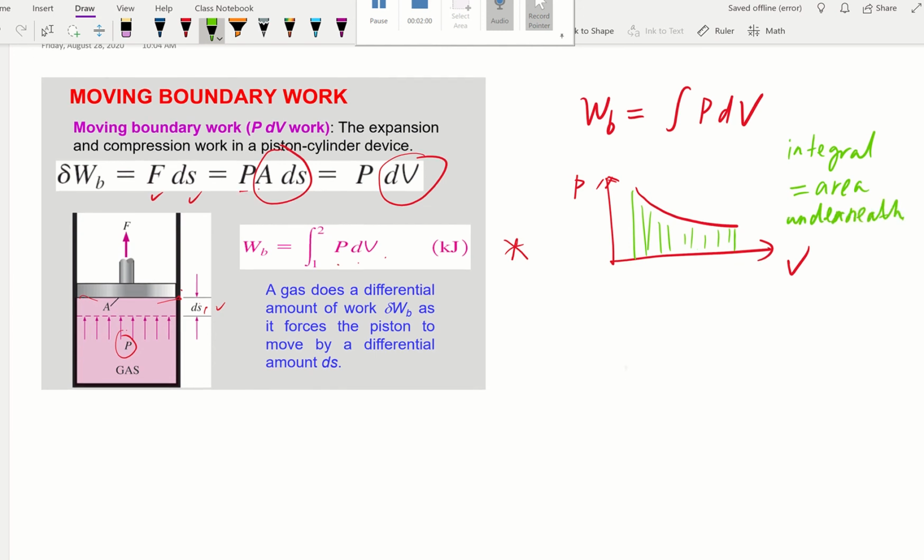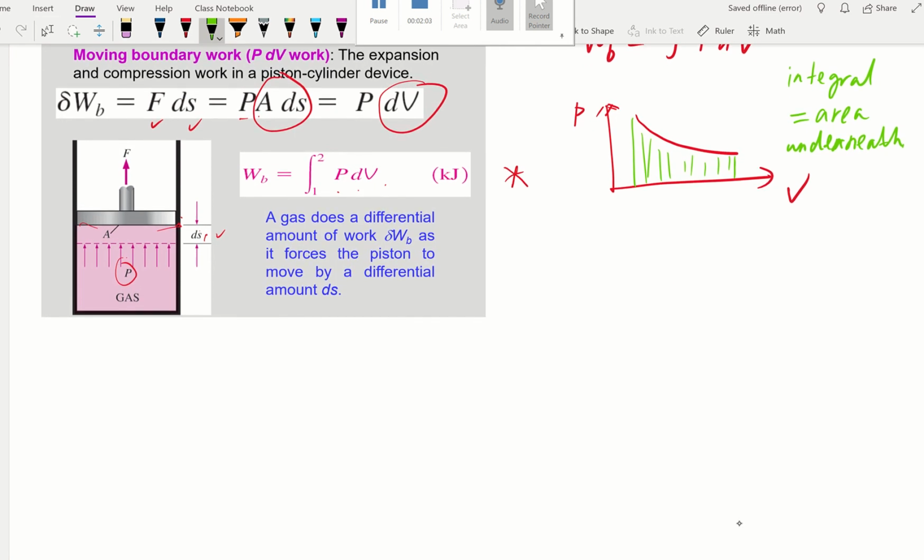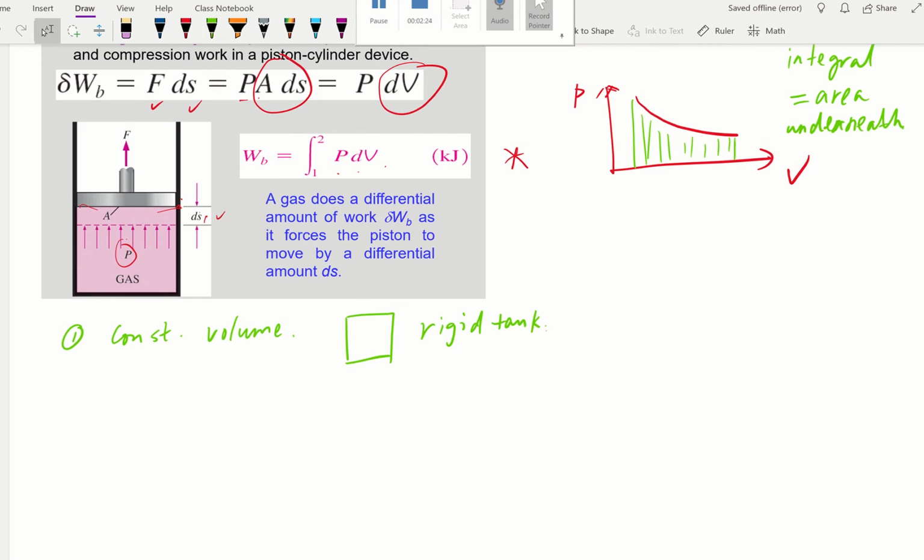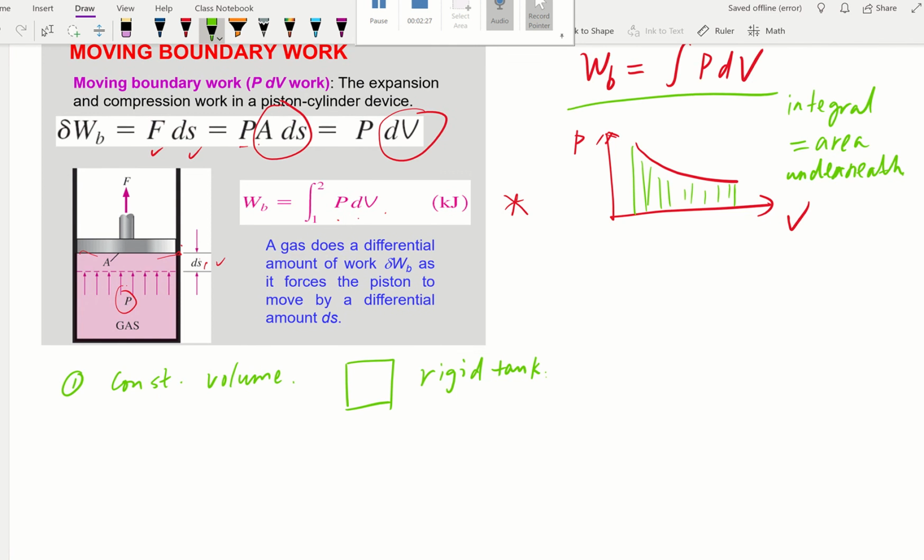Okay, now let's look at some special scenarios. The first scenario is constant volume. In other words, for a closed system, you have a rigid tank. Then there's no moving boundary, so the boundary doesn't work. We start with the equation, boundary work is the integral of P dV.